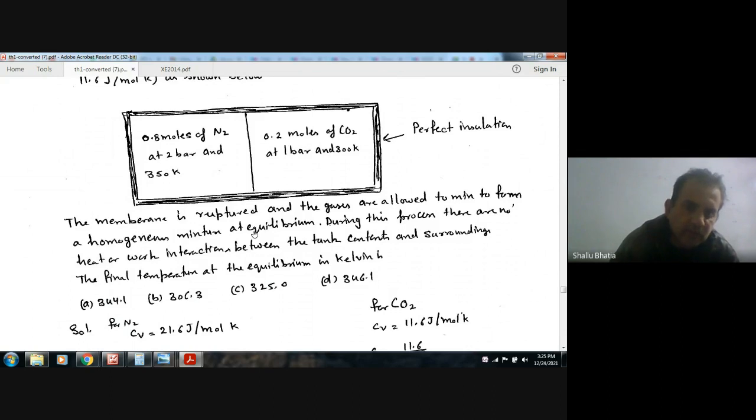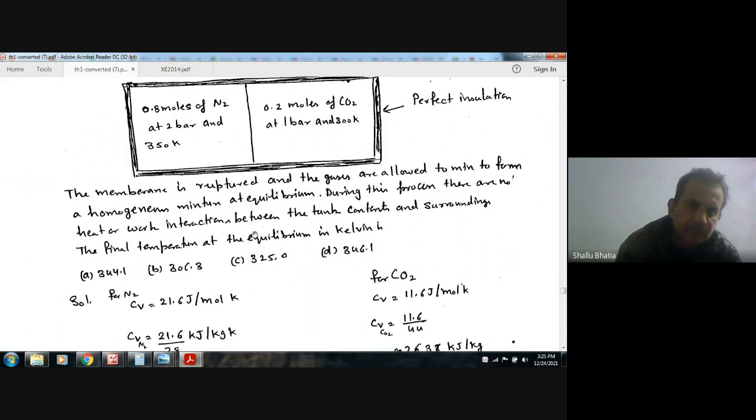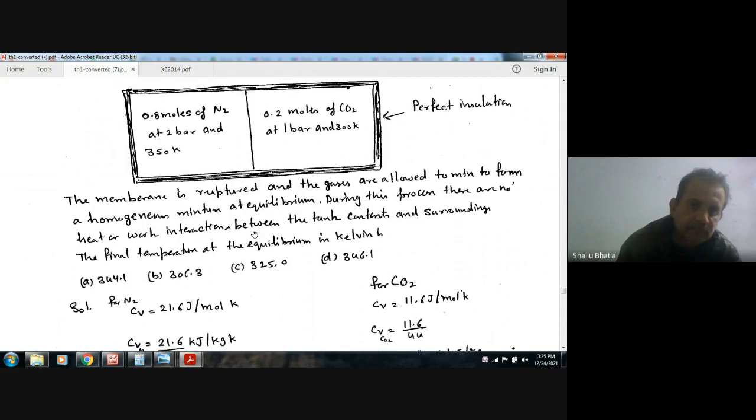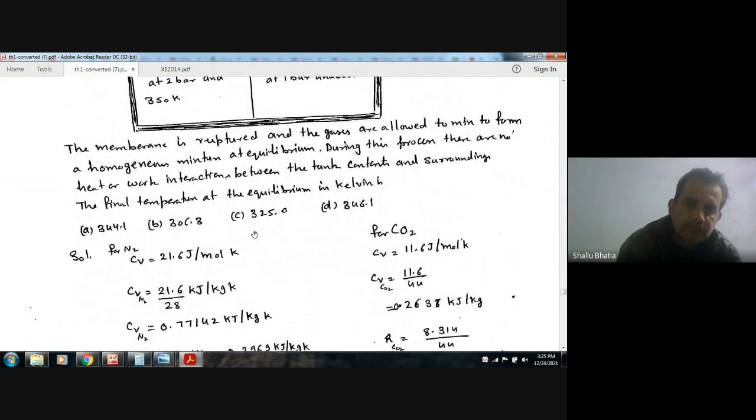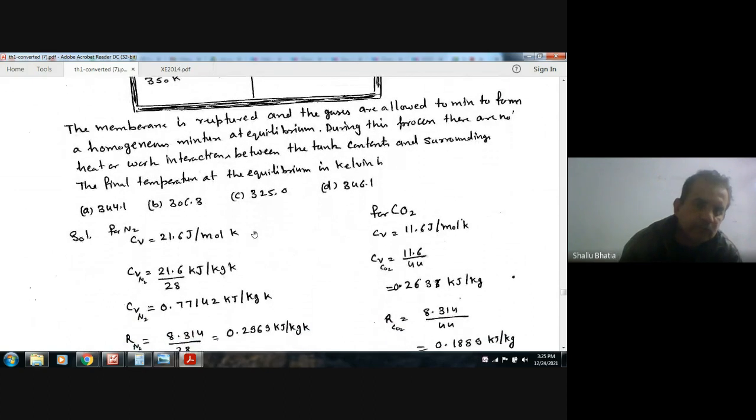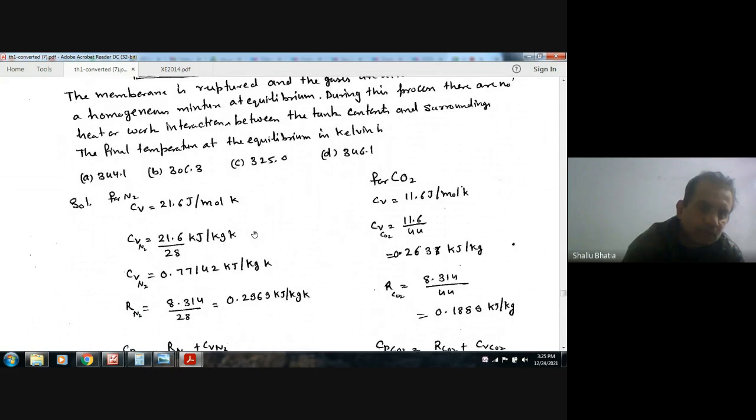The final temperature at equilibrium in Kelvin is? Now molar Cv is given for N2 and molar Cv is given for CO2. Now we can calculate Cv in kilojoule per kilogram by dividing by molecular weight. So Cv of N2 will be 0.77142 because the molecular weight of nitrogen is 28.